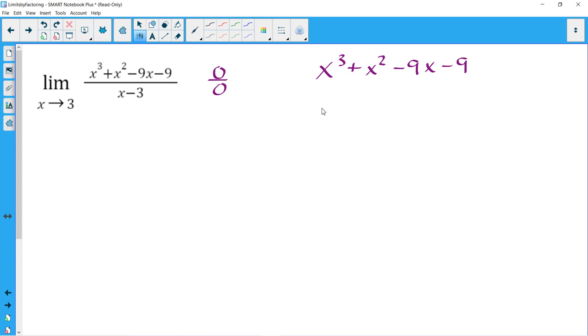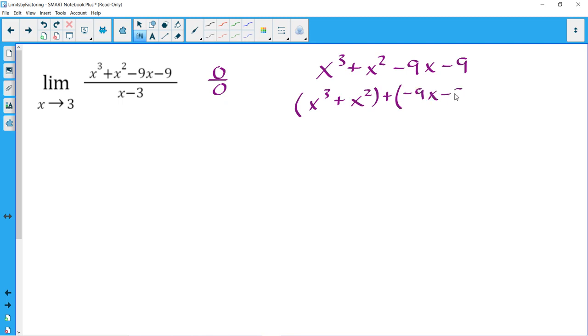Grouping is a lot like decomposition. So when you have 4 terms like this, the first thing you want to do with a cubic is group it. What I mean by group it is I literally group the first 2 terms like this. And I always rewrite this step. Don't get lazy. And I put a plus in between the brackets, and then I write my next 2 terms.